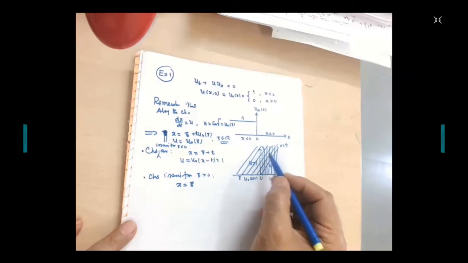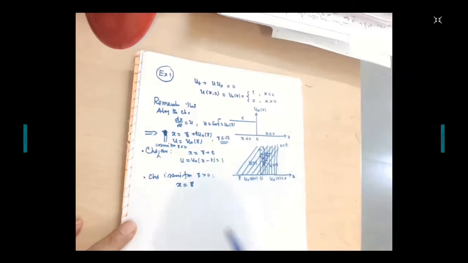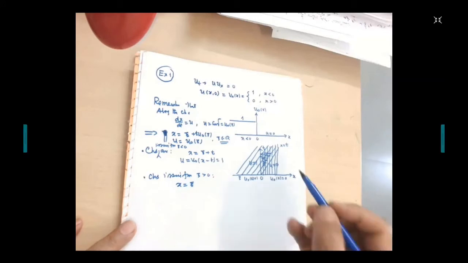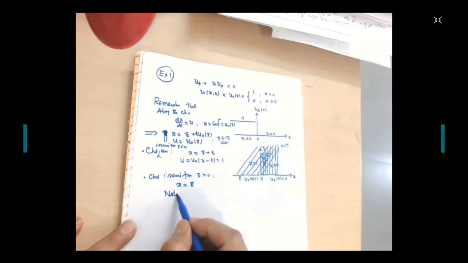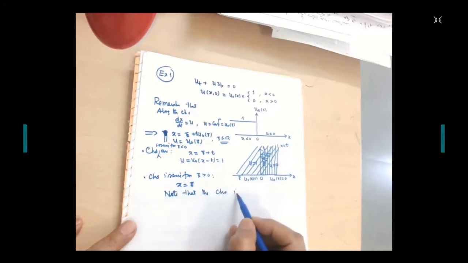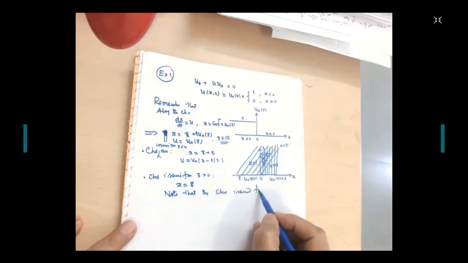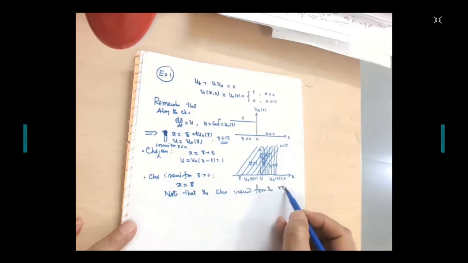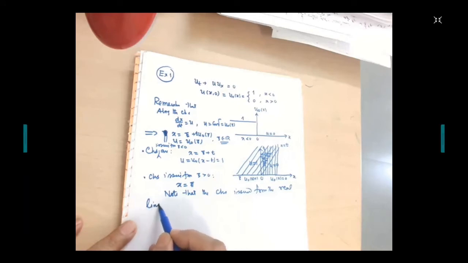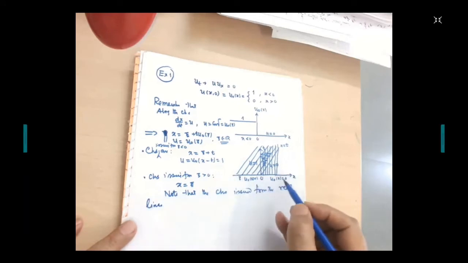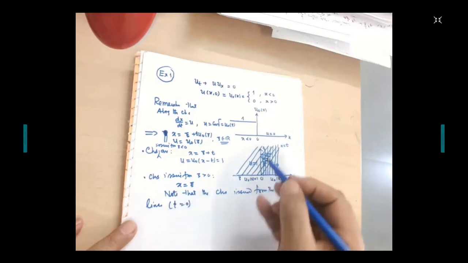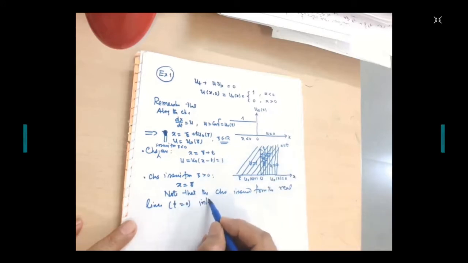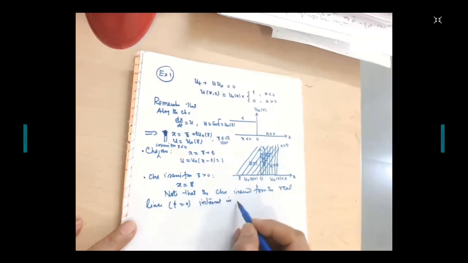Now this is your multi-valued region. So what we do is replace this, because note that the characteristics issued from the real line t equal to 0 intersect in the region.